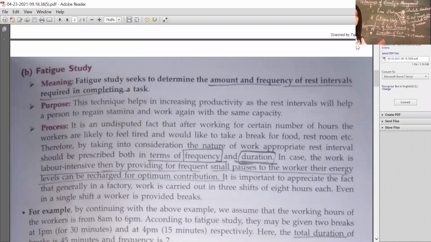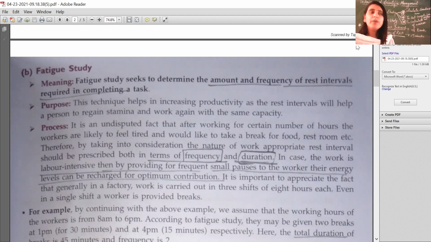So the difference between the two is clear to you. Frequency means how many times. Let's say there is only one break which you will have, and that break will be of 15 minutes, for example, right? In a company, it doesn't happen like this because the person working in a factory or in the company is doing physical labor.